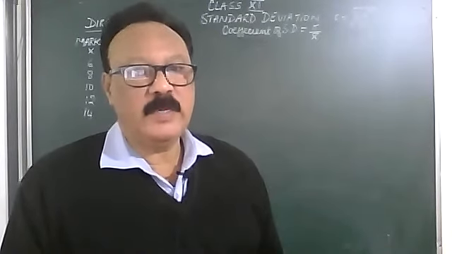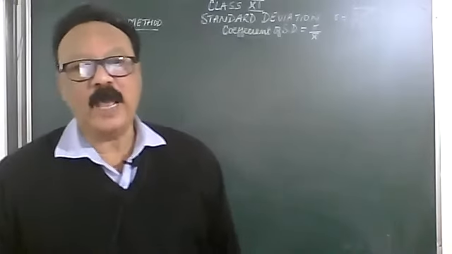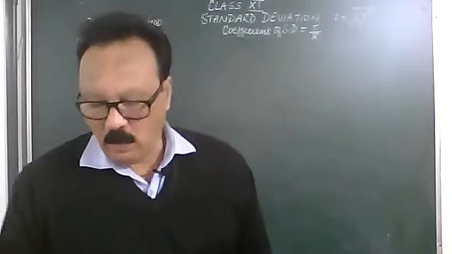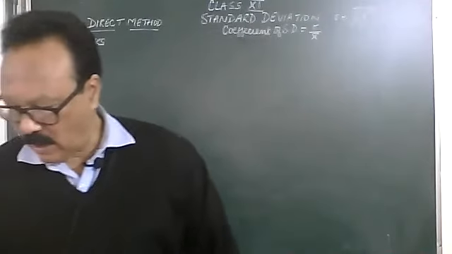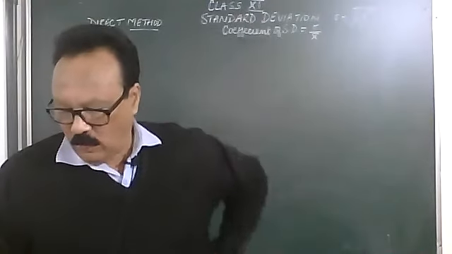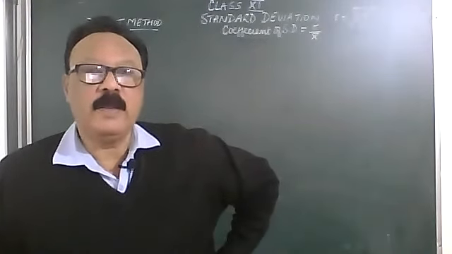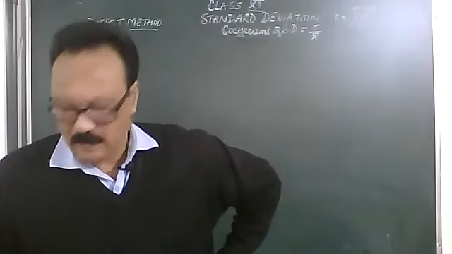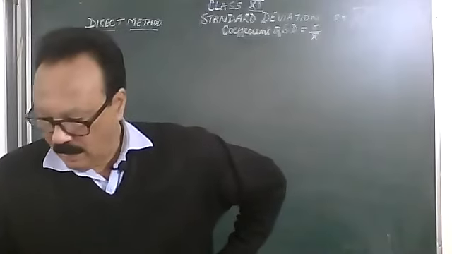What is the difference between standard deviation and coefficient of standard deviation? One is an absolute value and one is a relative value. Now, what is an absolute and a relative value? When the values are expressed in different units, we find a relative measure of dispersion.